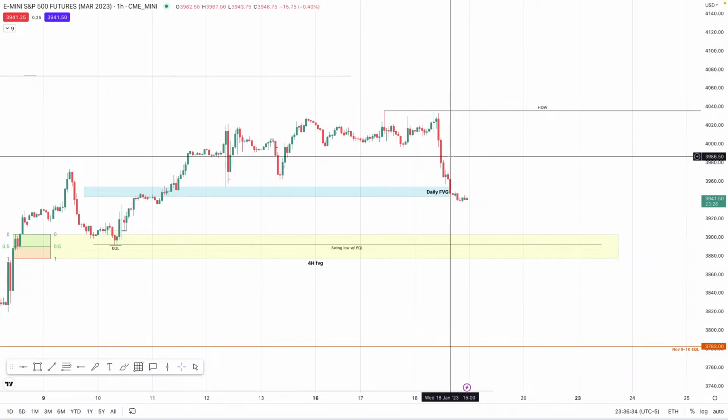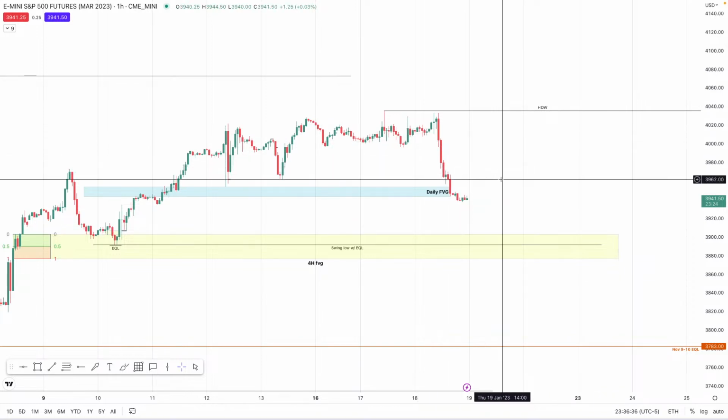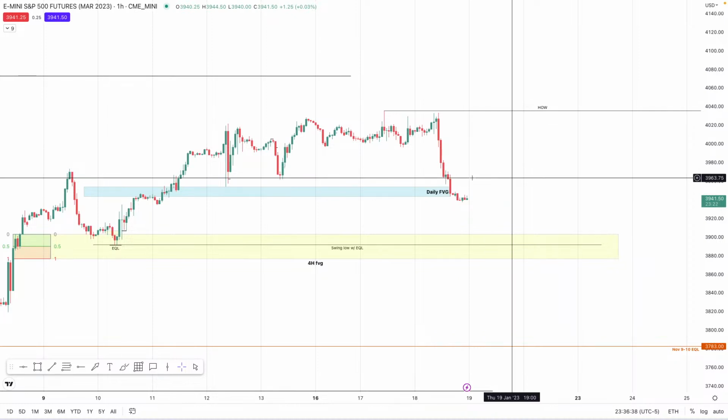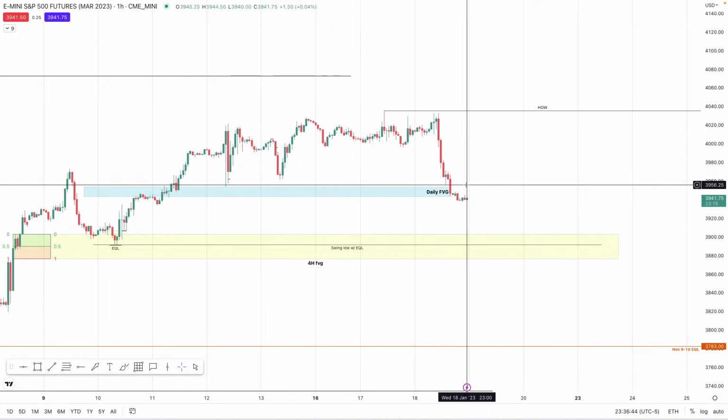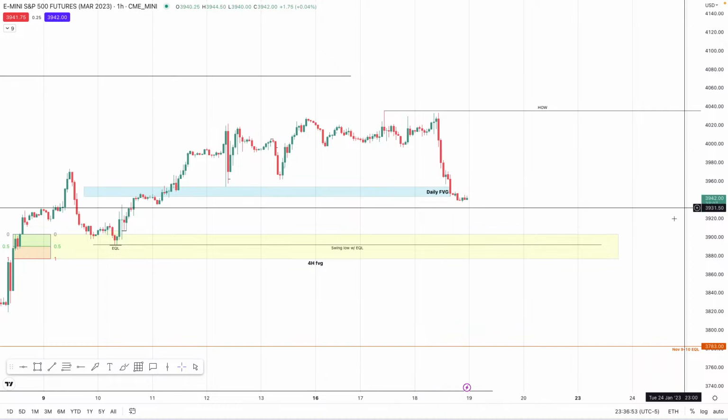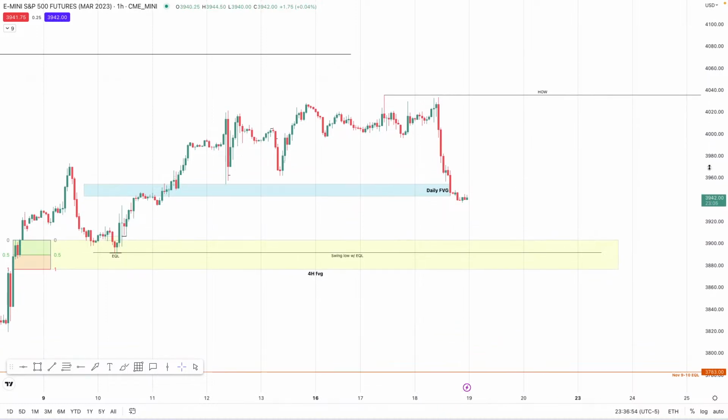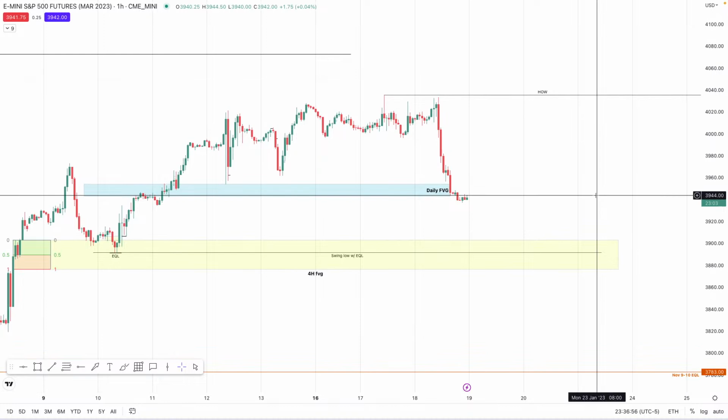So again, multiple 1-hour fair value gaps. Okay, what I want to take note of though is this 1-hour order block right here, and this swing low, and this fair value gap associated with this swing low. Okay, so we'll do that on a 15-minute time frame.